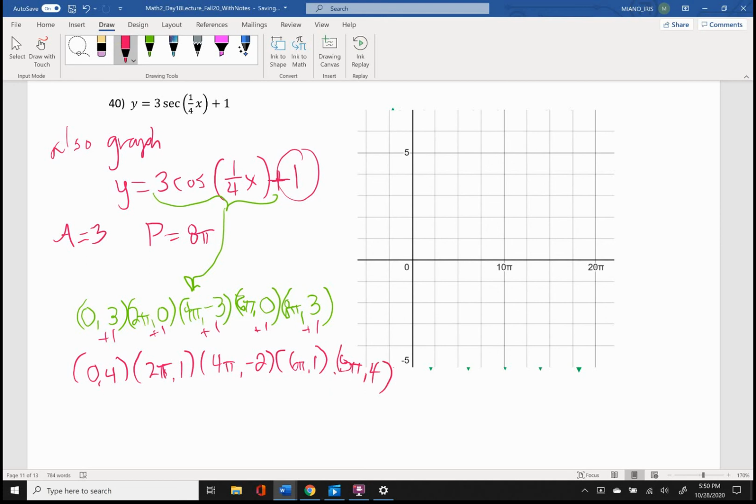Okay, let's check my notes. Yes, that looks good. So again, for the secant, because of the nature of it being lined up with the cosine, which ones are going to be your asymptotes?